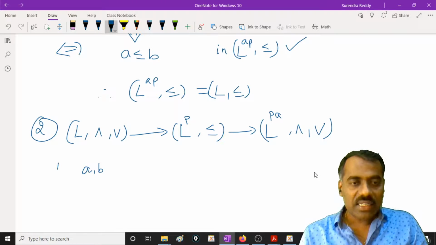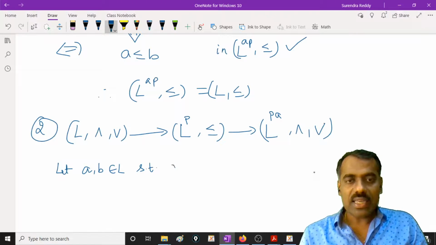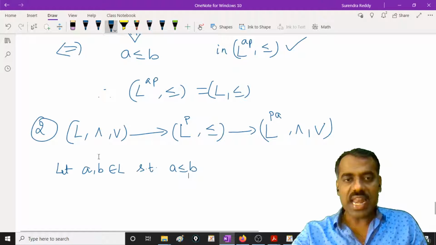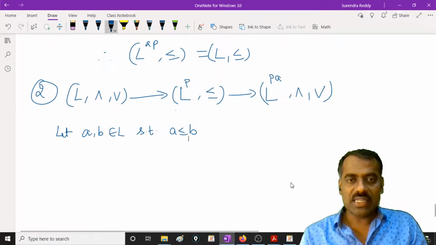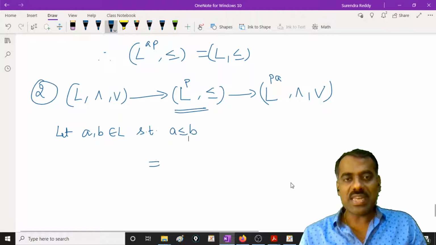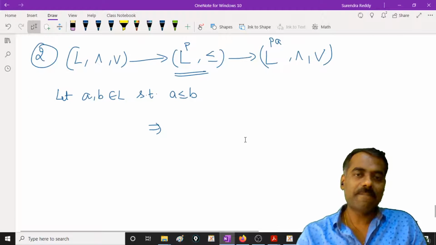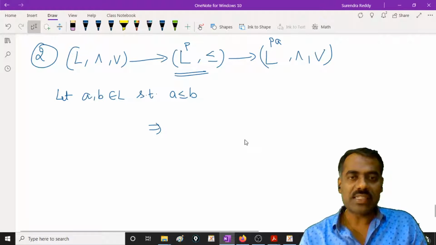So let a, b in L be such that a is less than or equal to b. A and b are related. Are you following? That means it is from this. So what is the meaning of that? A is less than or equal to b with respect to this poset. What is the meaning of this?